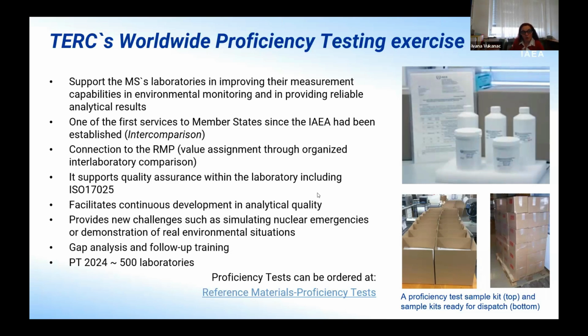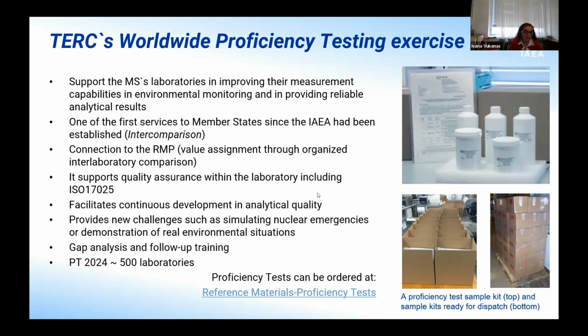It was called intercomparisons, and in the early 1960s it was about gross alpha and gross beta activity and determination of strontium 90, and somehow it was designed for value assignment of reference material. So it has always been connected with reference material production.